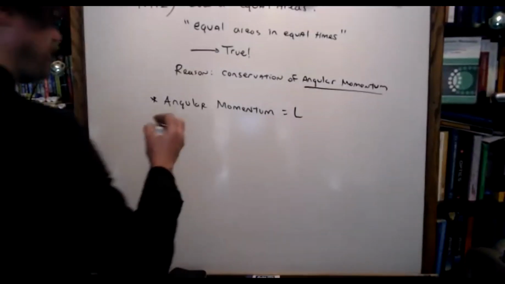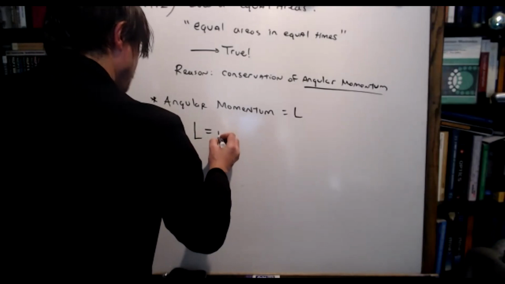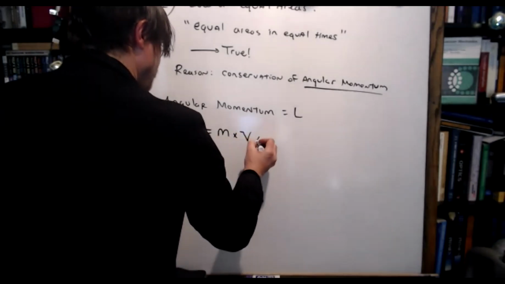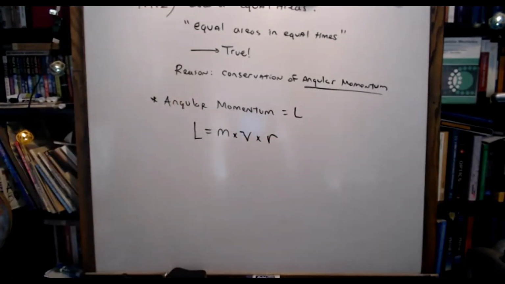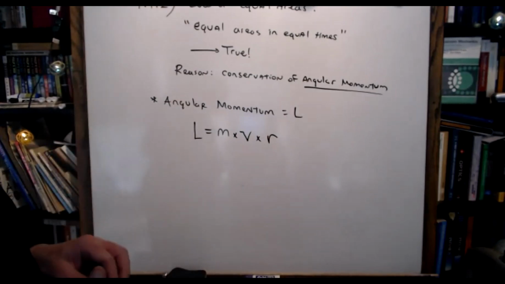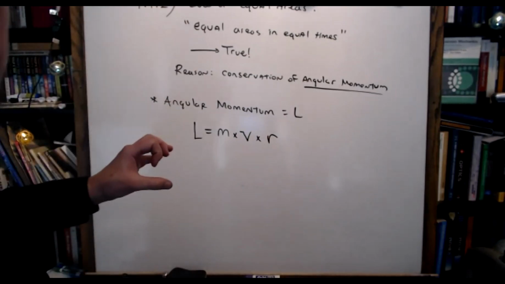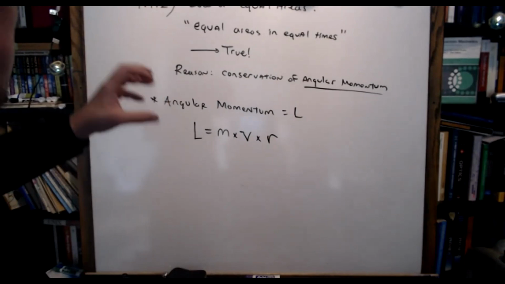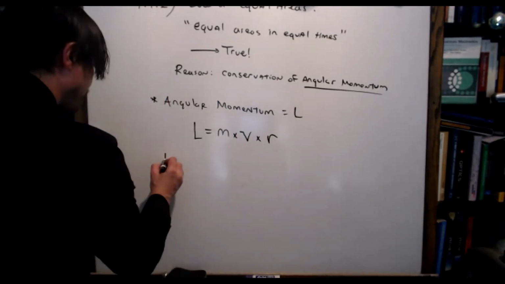Let's write that down on the board. Angular momentum is a slightly different beast than linear momentum. But like linear momentum, angular momentum is a conserved quantity.